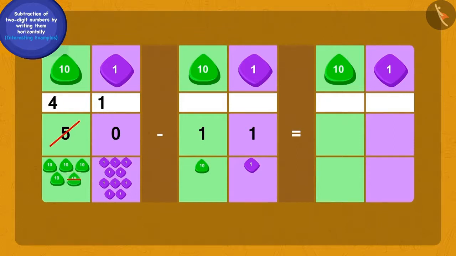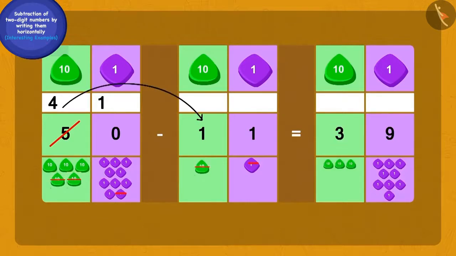Children, can you solve this further? Yes, we will subtract 1 ones from 10 ones and we will get 9 ones. And finally, if we remove 1 tens from 4 tens, we will get 3 tens.